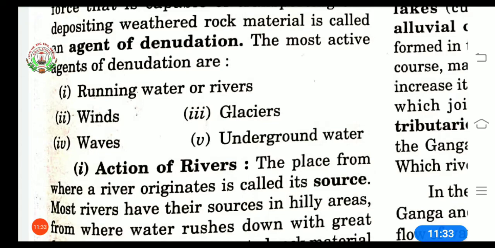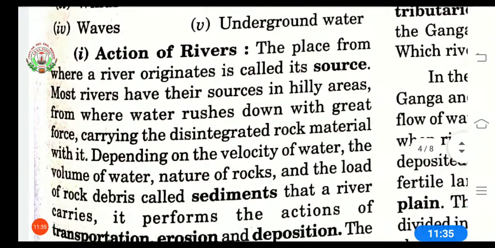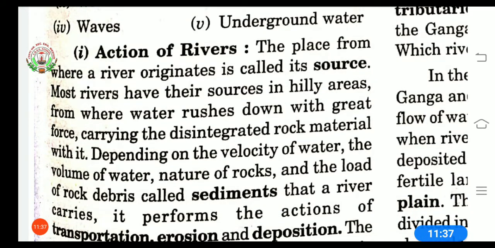First we will understand the action of rivers. The place from which a river originates is called its source. Most rivers have their sources in hilly areas, from where water rushes down with great force, carrying the disintegrated rock material with it.